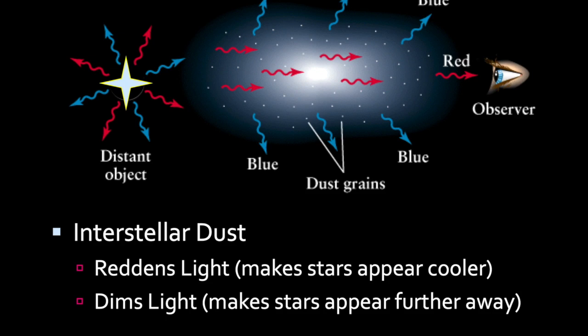The second is that because it is scattering light, it is making the intensity of the light that you do see dimmer, right? So you don't see as much light, and you think that star is dimmer, and therefore you think it is further away. Now, we do have to account for that, and we will be showing you how to do that in this lab.